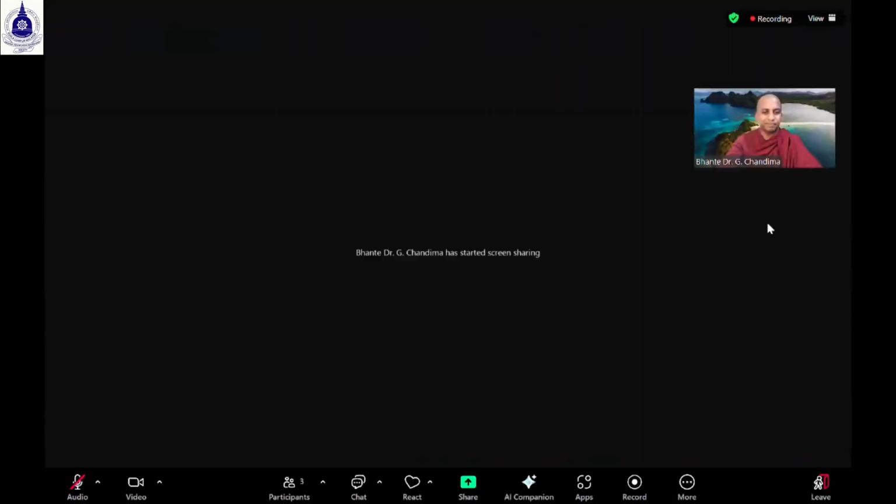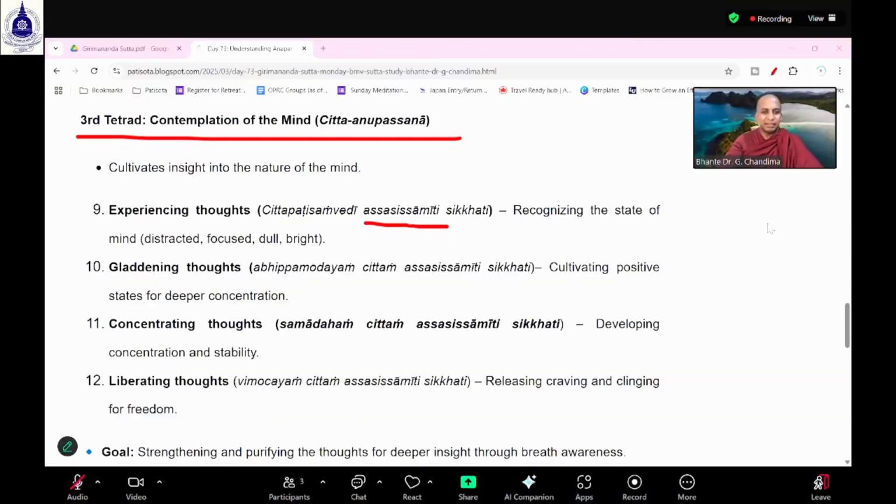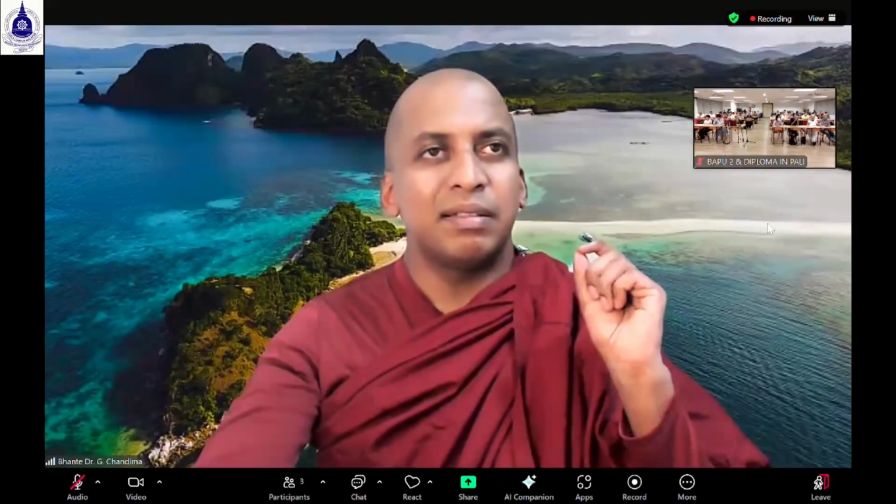So, in the same way, what we can see here under the Cittanupassana is that the person doesn't need to separate oneself from the experience.